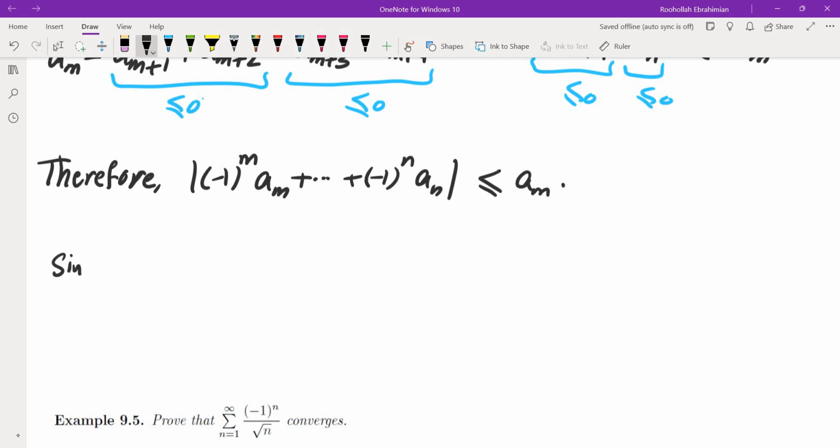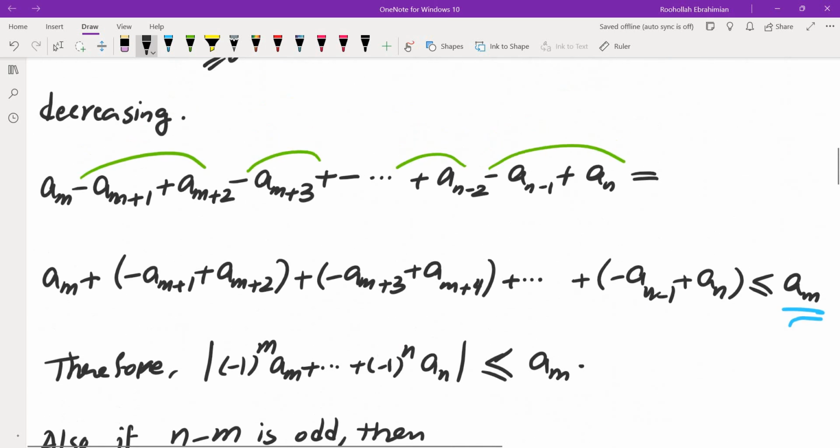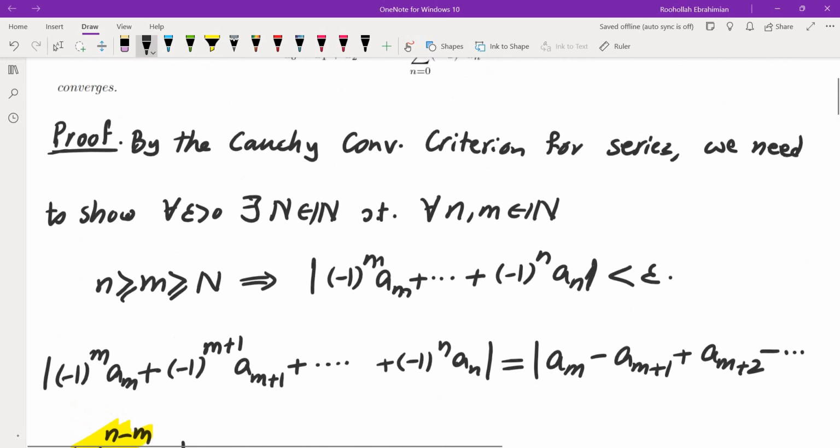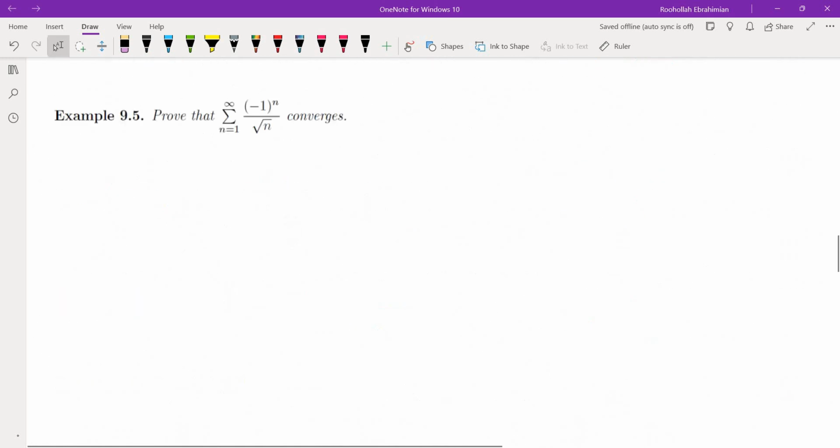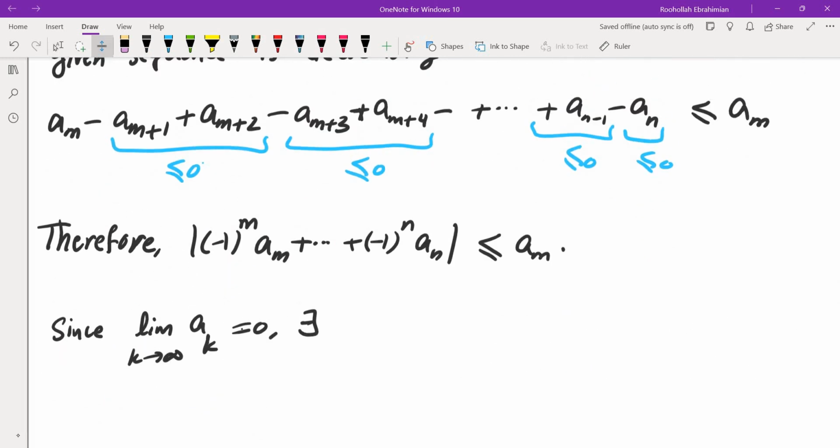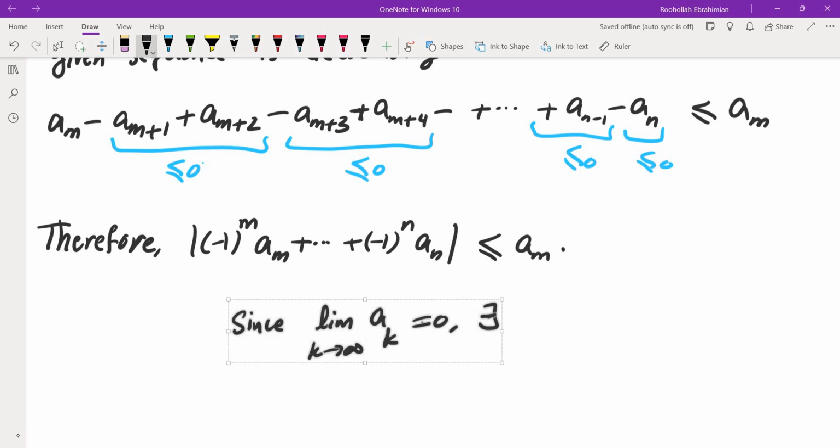So since the limit of a_k as k approaches infinity is 0, there is some... did I start with epsilon positive? So let me start here and say let epsilon be positive, just to be a bit more clear. So let epsilon be positive.